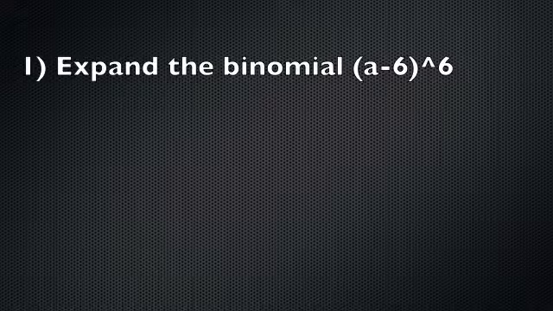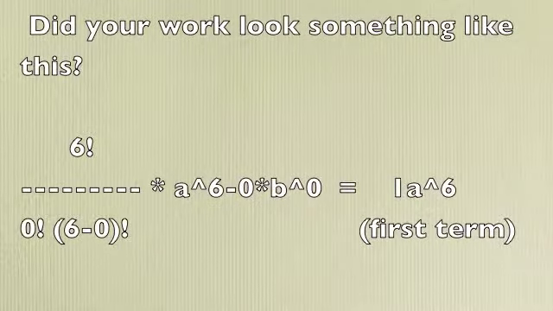So expand the binomial a minus b to the 6th power. Did your work look something like this? 6 factorial over 0 factorial times 6 minus 0 factorial.